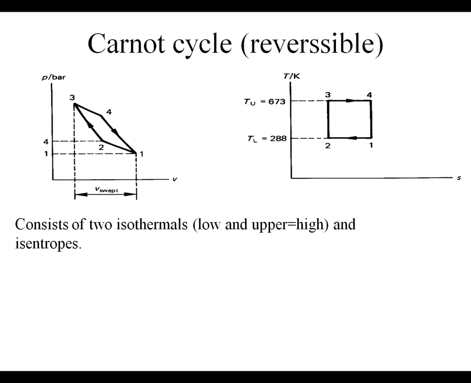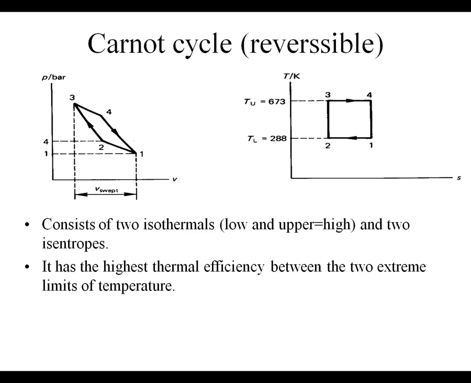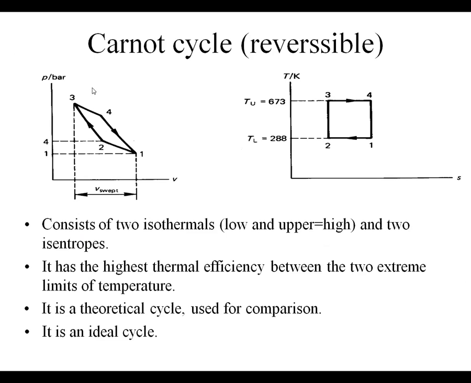So, the basic cycle in thermodynamics is the Carnot cycle. The Carnot cycle consists of two isothermals and two isentropes. This is a PV diagram, and this is a TS diagram. In a TS diagram, the isothermals are two horizontals, and the isentropes, reversible adiabatic, S equal to constant, are the two verticals.